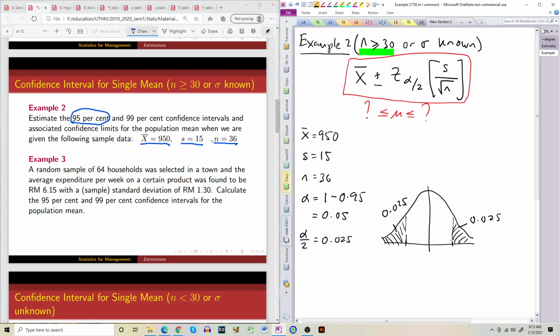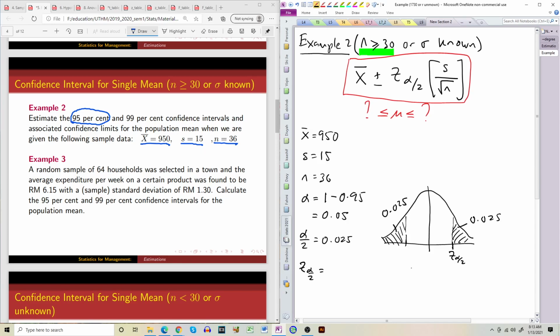Okay, now what would be the Z alpha over 2? It is here. What is the value there?